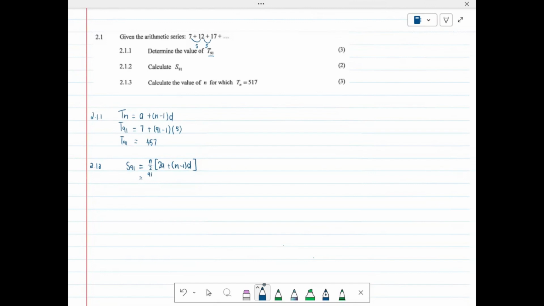So n is 91 over 2, times 2 times our first term, 7, plus (91 minus 1) times our common difference, again 5. Typing that into our calculator, we get that the sum of the first 91 terms is 21,112.